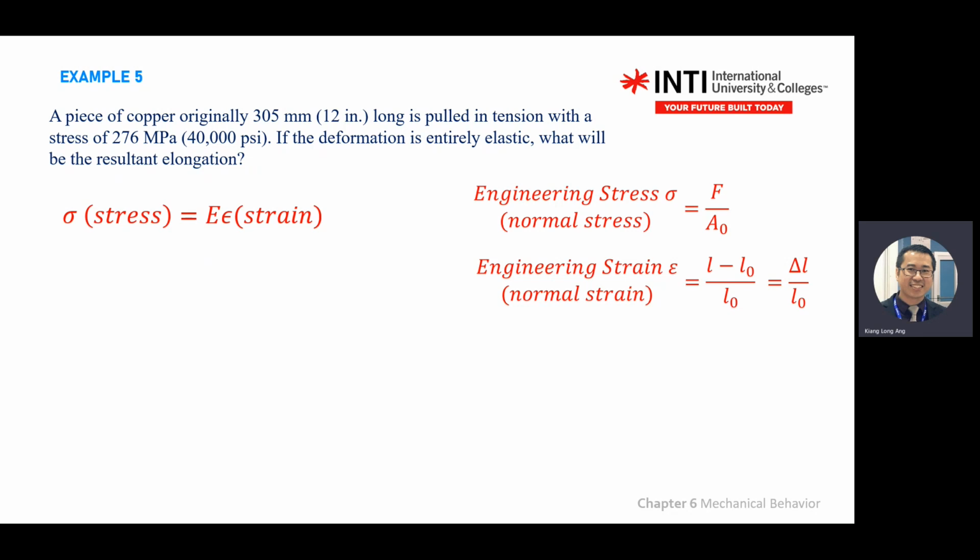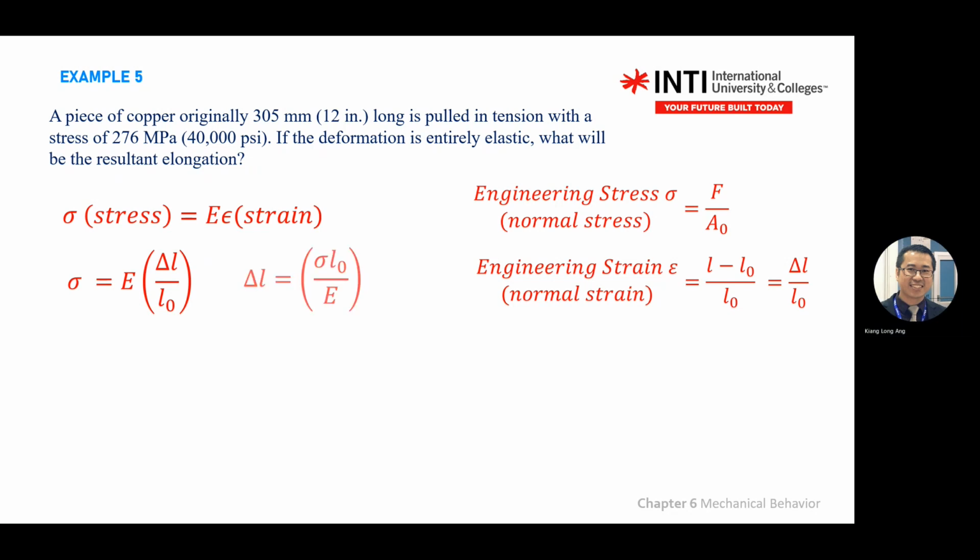Then call out Hooke's law. You rewrite the equation. You want to find the elongation, right? So you pull this one to the left, pull this one to the left. You get the one on the right here.